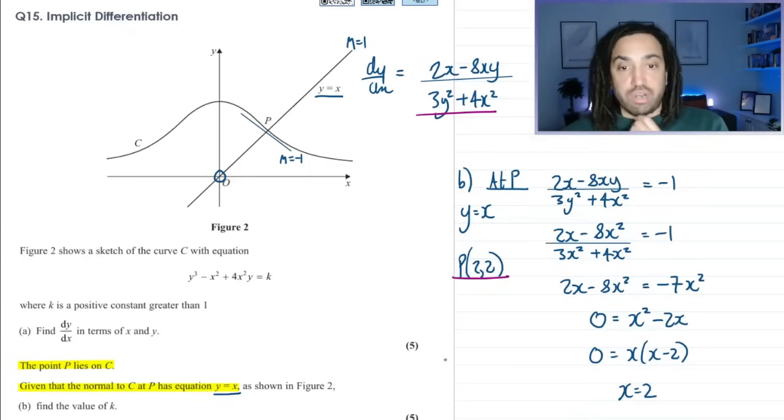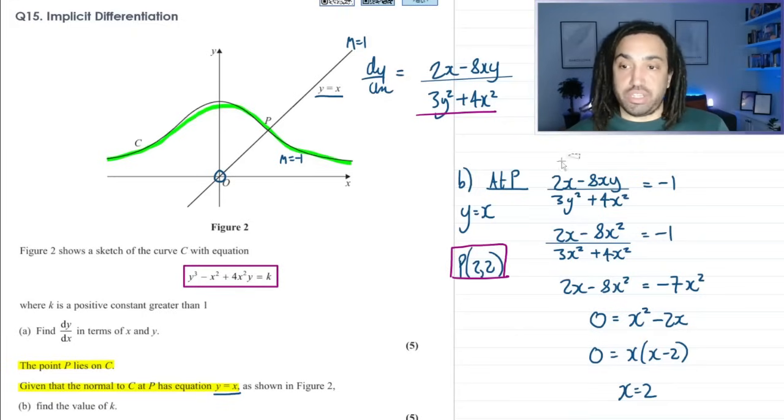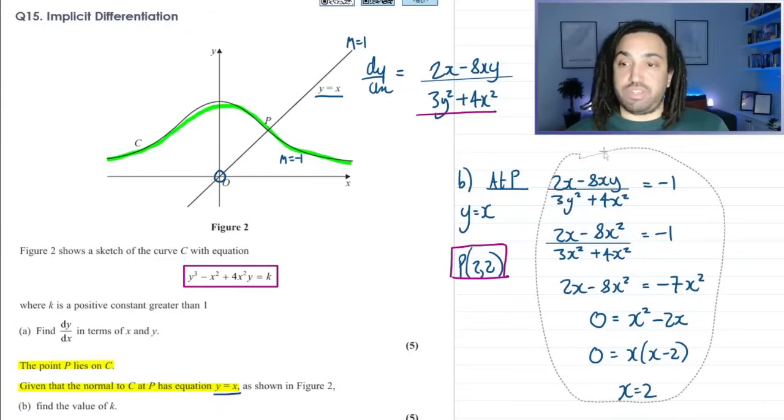Great. Now, how does that help us find k? Well, what we know is the curve, which is C, passes through P. So we know that 2, 2 satisfies the equation of the curve. So I just need to sub in to the curve now to find the value of k.